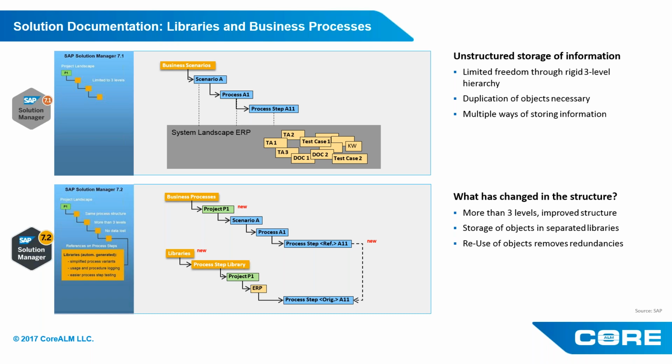So in 7.2, the first thing is that you get more than 3 levels of the hierarchy. So you're not limited to only 3. Now you can add folders in front, which allows you to do a much better or improved structure of your documents. And we'll take a look at a couple of examples here in a minute. And then storage of objects is separated in libraries.